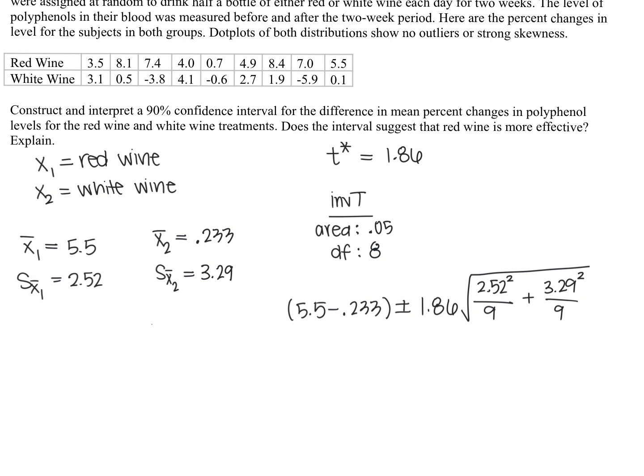So I'm going to multiply the 1.86 times my square root. And I'm going to do my subtraction. So we're going to end up with 5.267 plus or minus 2.569.